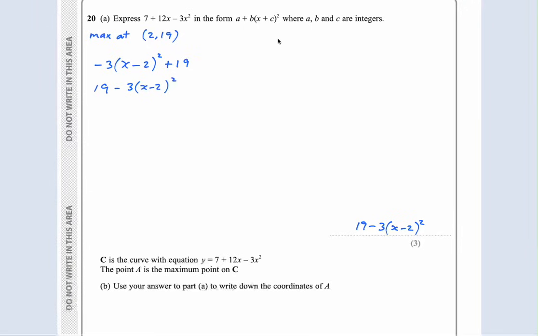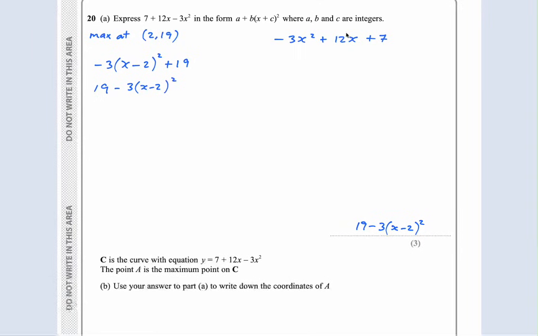The hard way, guys, is to go, well, let's rewrite it like this: minus 3x squared plus 12x plus 7. So that's the same thing, but I've just swapped these two.